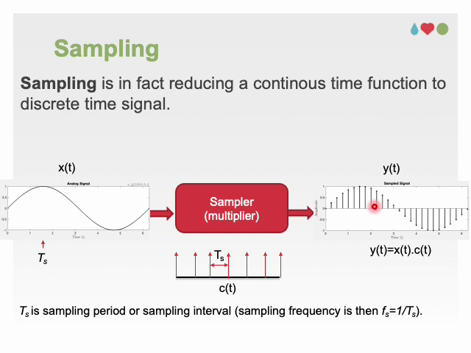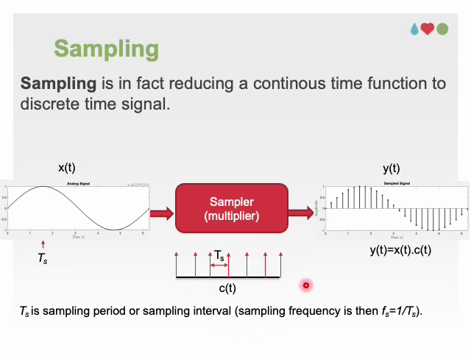This is mathematically a multiplication operation in which the original signal x(t) is multiplied pointwise by a function c(t), which is 1 at each Ts seconds and 0 in between, as shown in this figure.